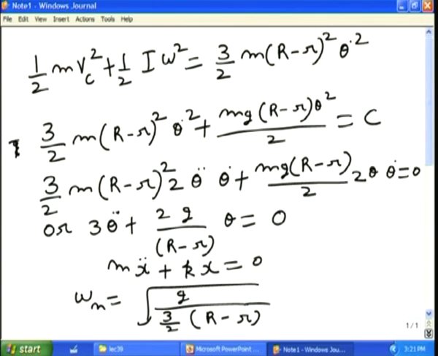If R is equal to infinite, that means it is a plane surface, then there is no vibration. And if it is just a ball, a point mass particle, then it will be g by 3/2 (R − r). So this is the natural frequency of that mass.